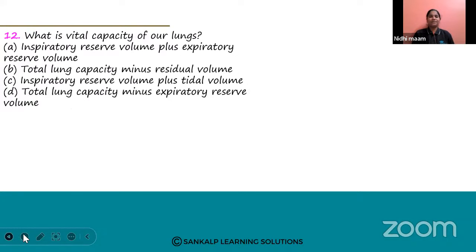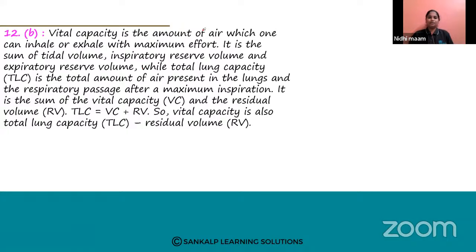So what is vital capacity? It is the amount of air which one can inhale and exhale with maximum effort.